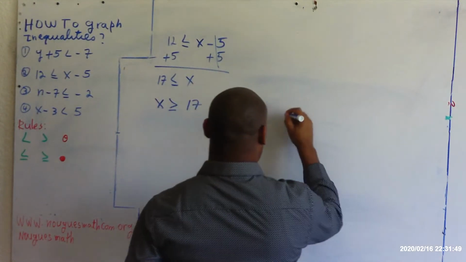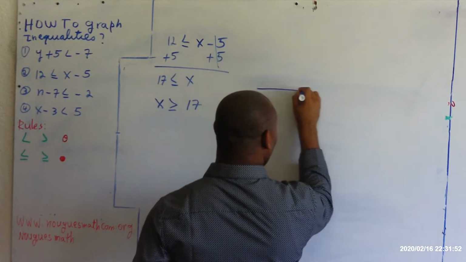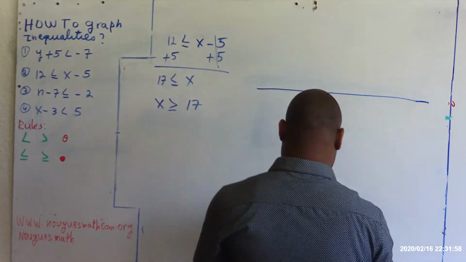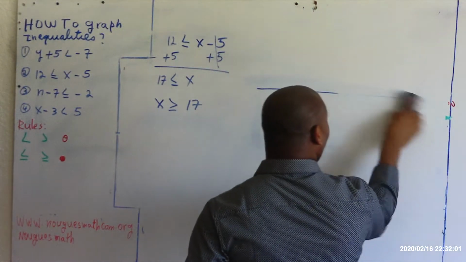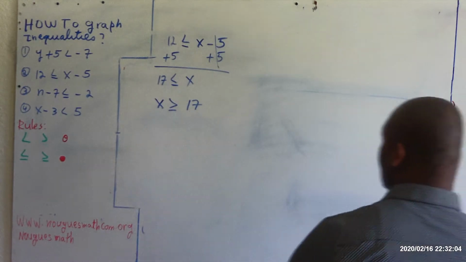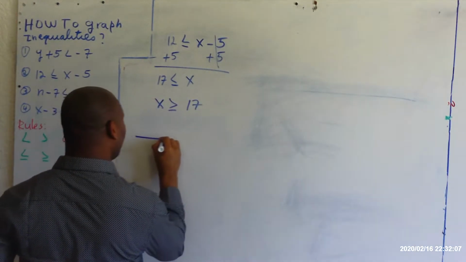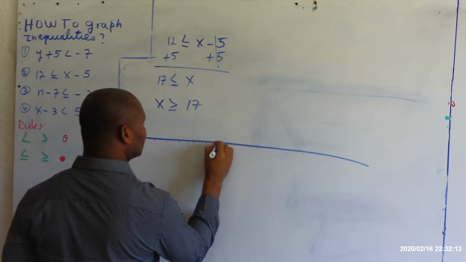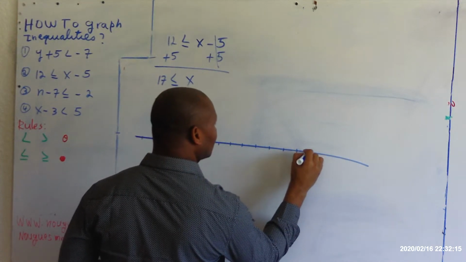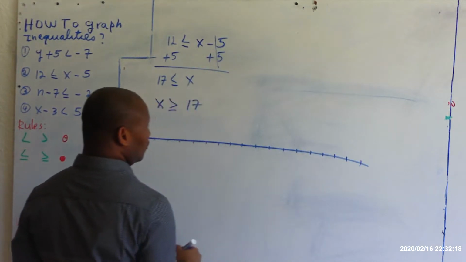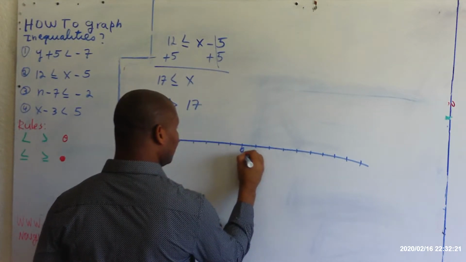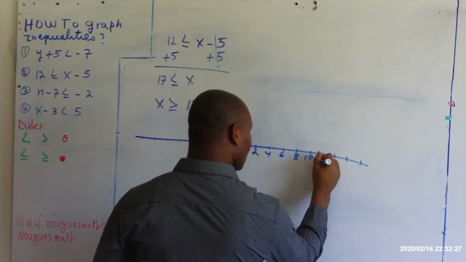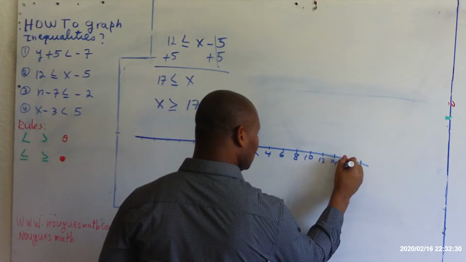Let's graph it right here. So the number line. Let's say that's 0, 2, 4, 6, 8, 10, 12, 14, 16.